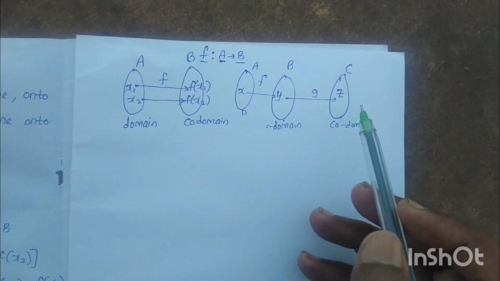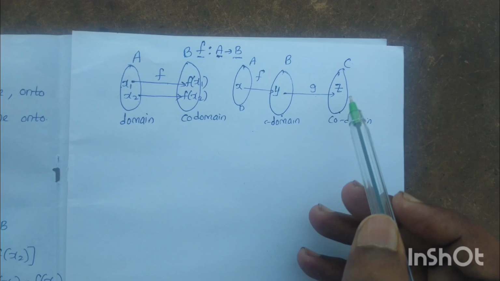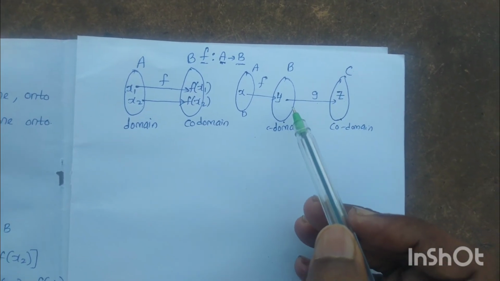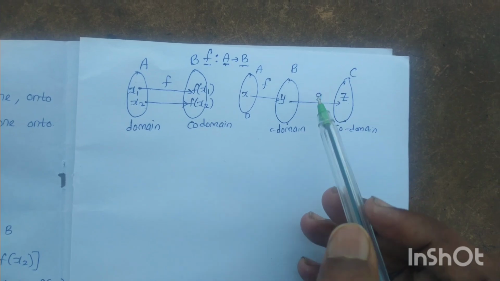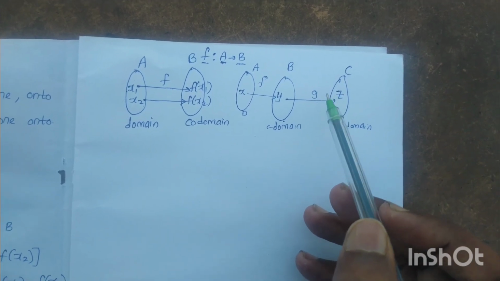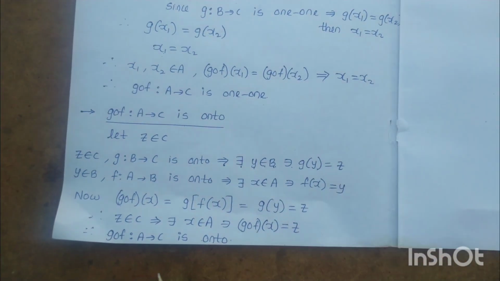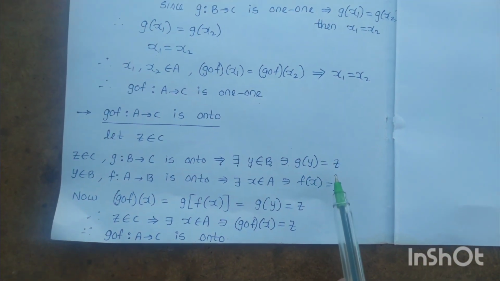So we have one element z which belongs to C, so compulsorily one element y will be there in B. So that's why we can write g of y is equal to z, right? So that's why we have written here g of y is equal to z.